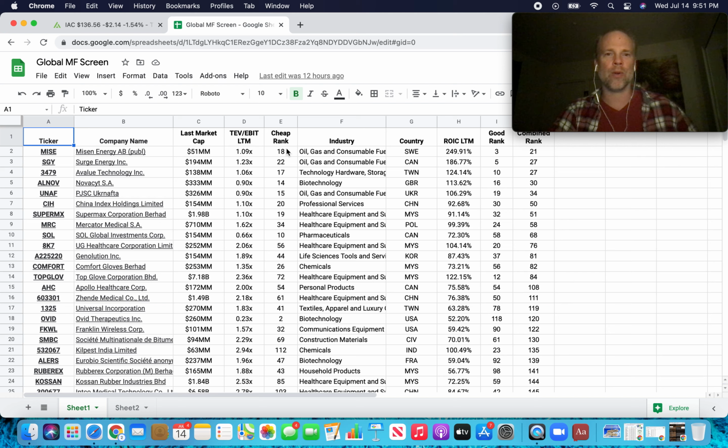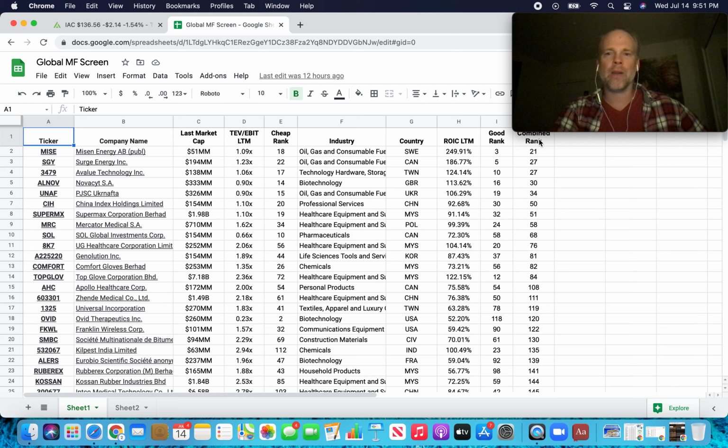And you can see that's what's here, the cheap rank, okay? Next, I wanted to sort by return on invested capital over the last 12 months. That's the good rank, okay? How good is the business according to the return on invested capital? So sorted by ROIC, and then again, populated 1, 2, 3, 4, 5, all the way down to 14.